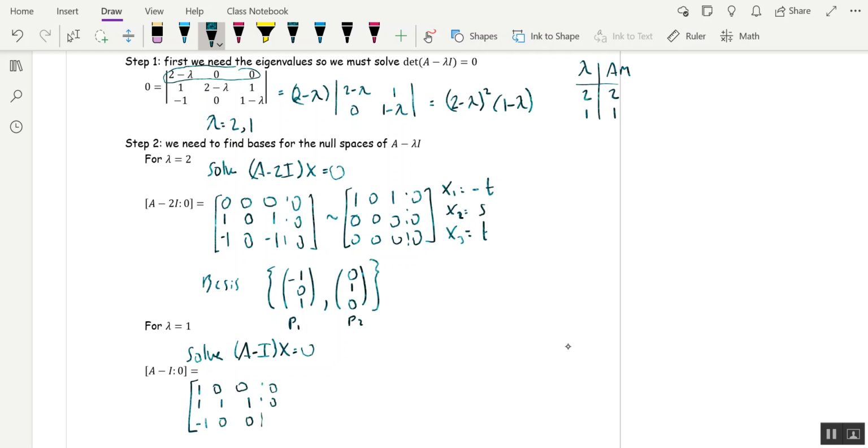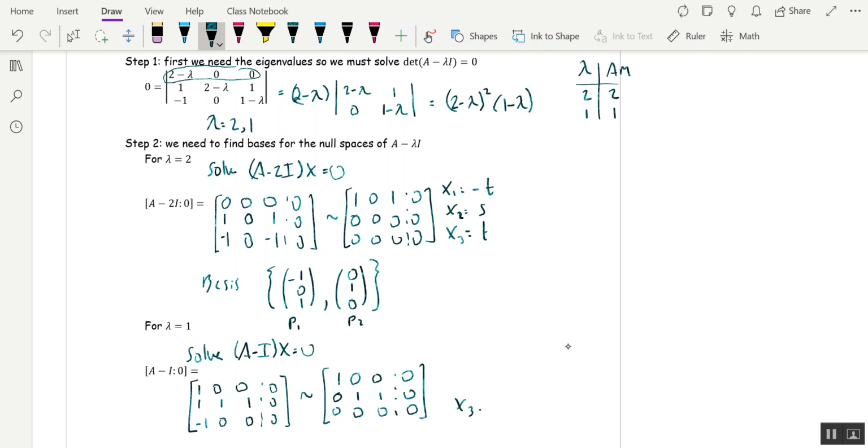And then these are all 0. We can do this all in one step. Just use this top one to kill the ones below, and we'll be good to go. 0, 1, 1, 0, 0, 0, 0, 0.